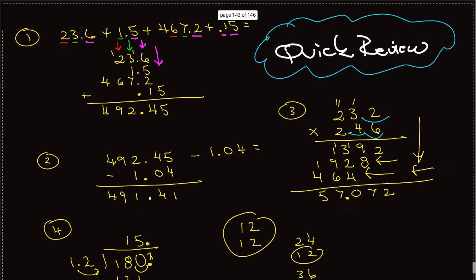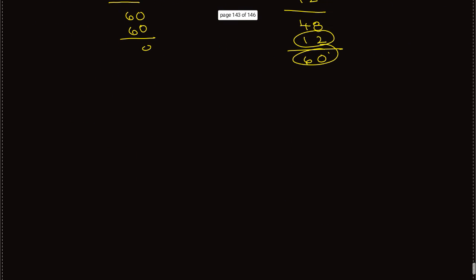Let me move this up a little bit more. Let's do a couple adding and subtracting fractions. What if I asked you guys to add 1/7 plus 3/7 plus 2/7? What would you do? Well, that's pretty easy.